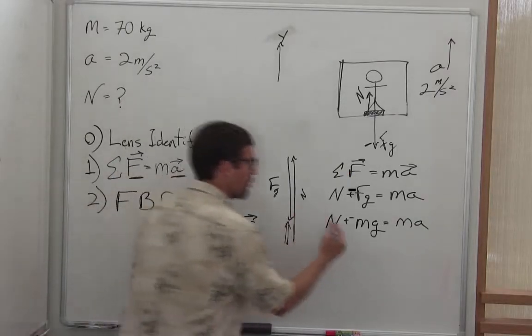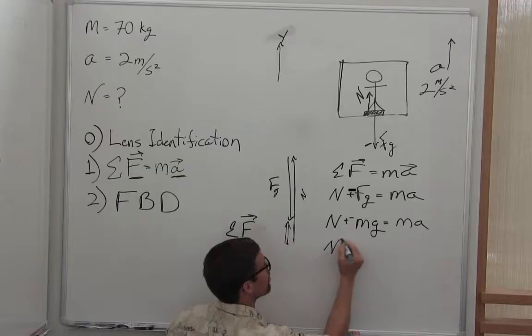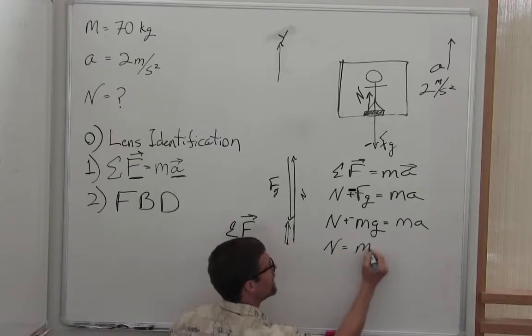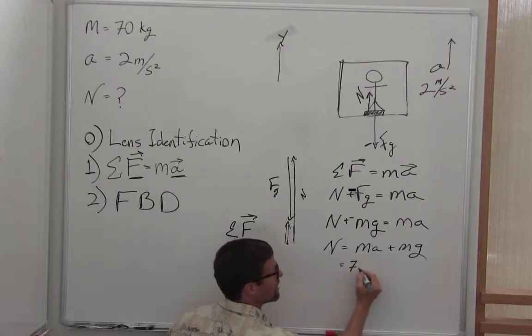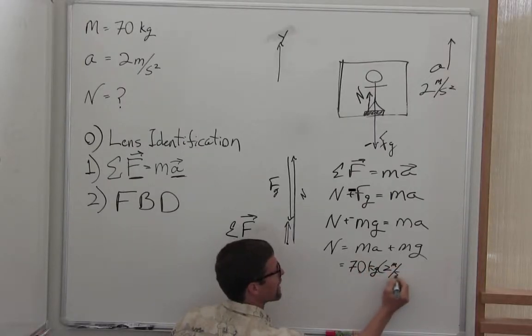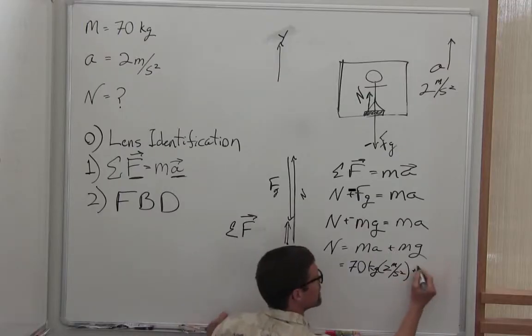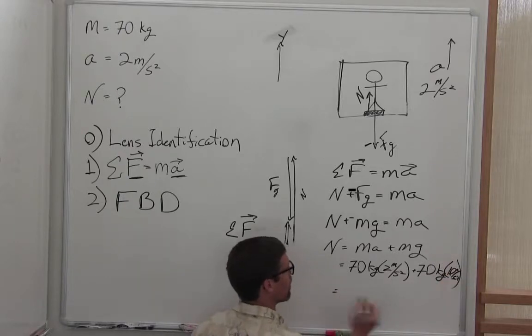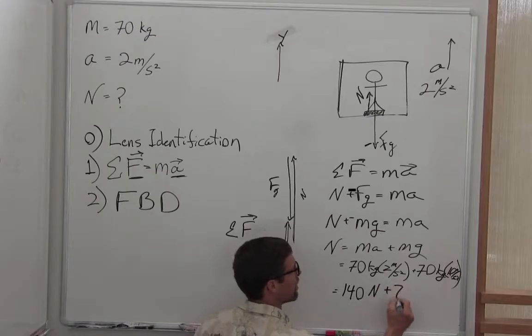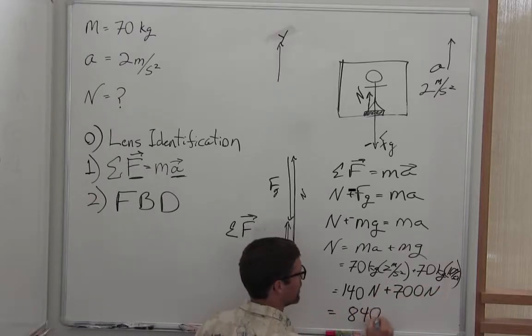Now I can solve for the normal force and see that the normal force is equal to ma plus mg. And that's equal to 70 kilograms times 2 meters per second squared plus 70 kilograms times 10 meters per second squared, or 140 newtons plus 700 newtons is equal to 840 newtons.